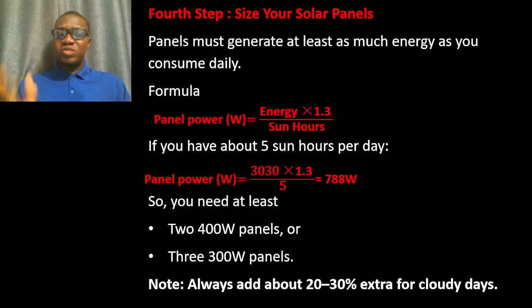Just make a 20 to 30% extra. That means when I say 20 to 30%, it is 20% of the energy that is being consumed per day, or 20% of the total panel, or 30% of the total panel. That is just it. You add it just to compensate for cloudy days.